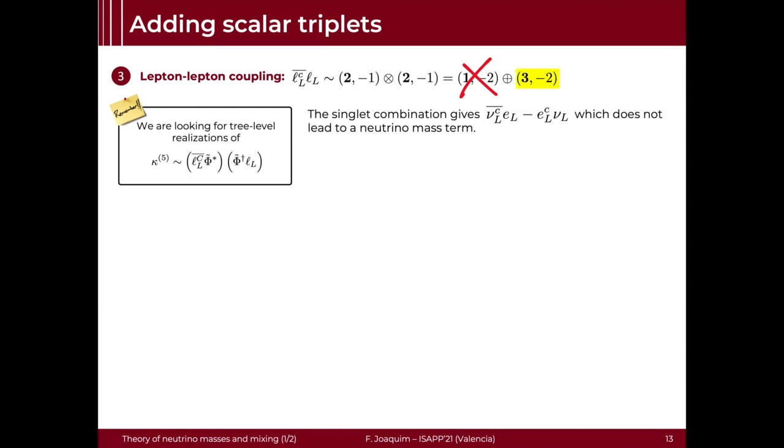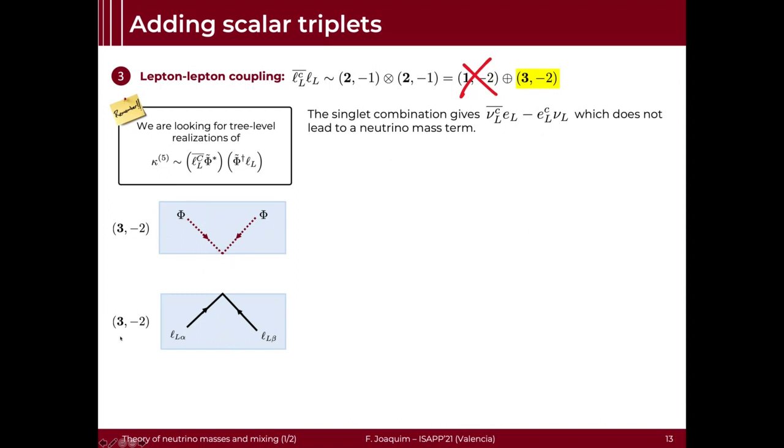Now, what about the 3 minus 2 combination? So here we have, again, these diagrams that we had before, but now the legs are in a different position.